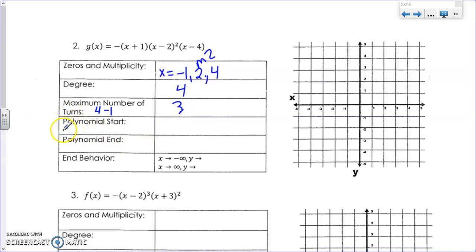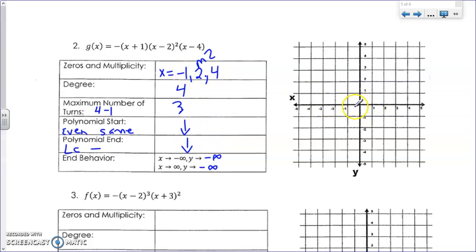And then this is the degree. So the degree is even. So that means it's going to start the same as it ends. The leading coefficient is negative, so that means it's going to be down and down. Okay, everybody understand that? So these both go to negative infinity, because when the graph goes down, negative infinity.